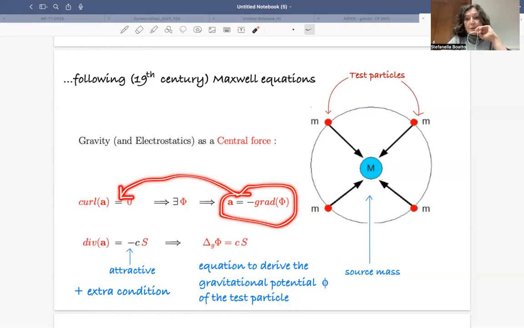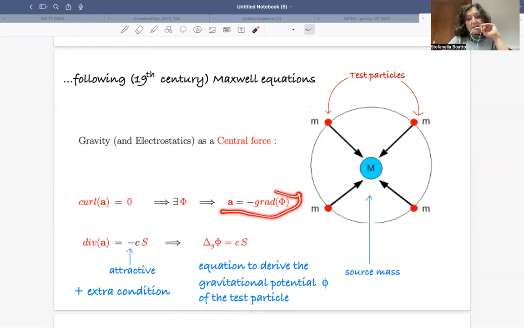So in this sense, we can make use of this auxiliary function. Then, once we rewrite A like this, we substitute in the second equation, and we can derive the equation for the gravitational potential of the test particle.